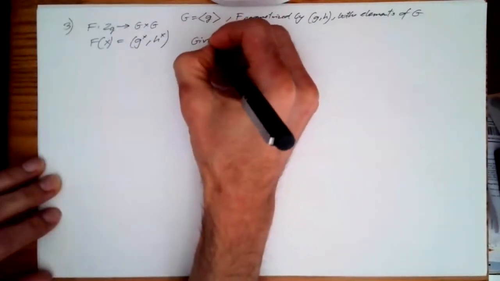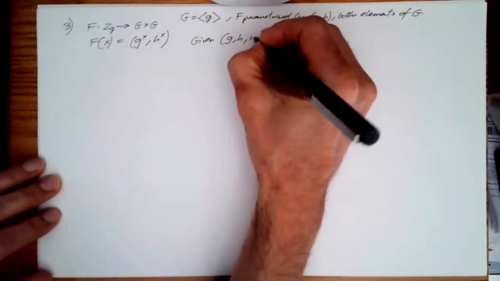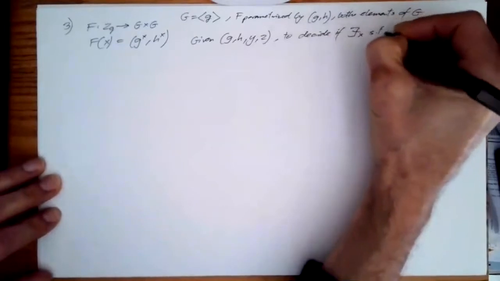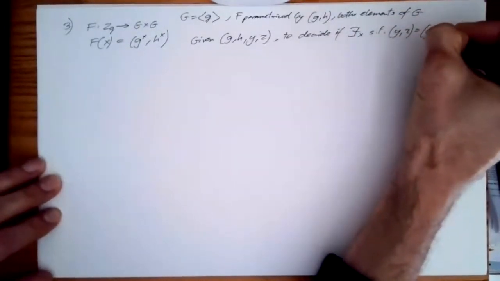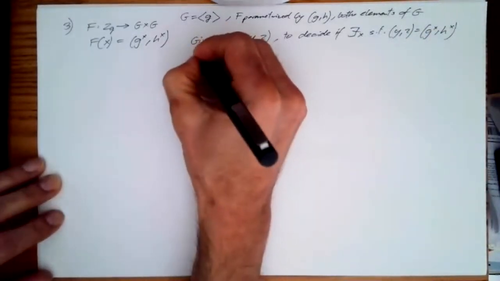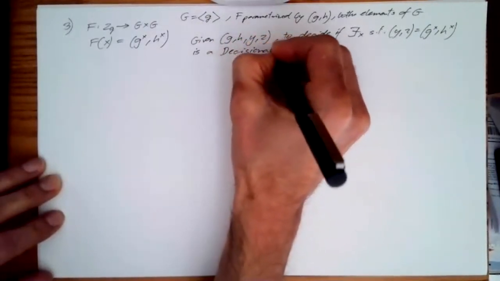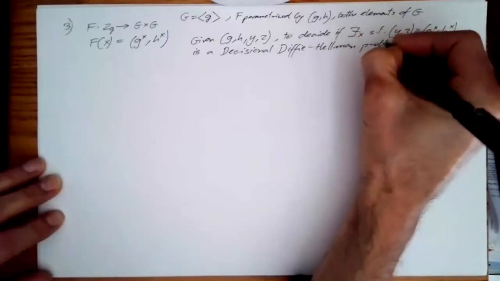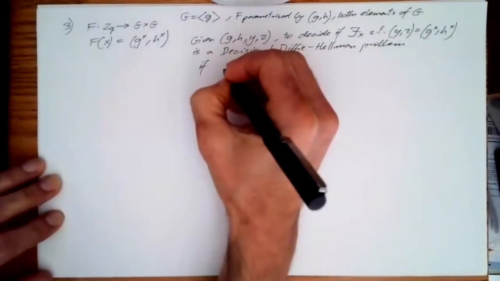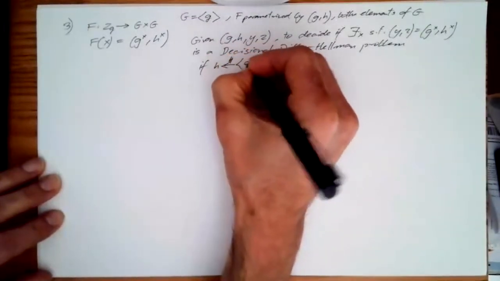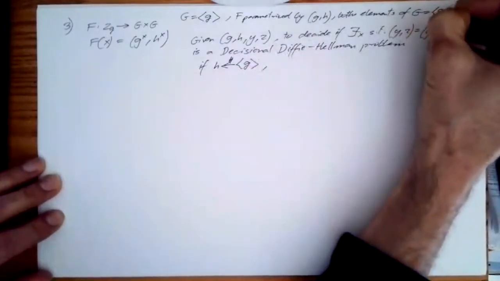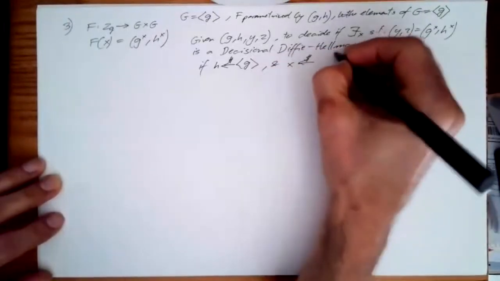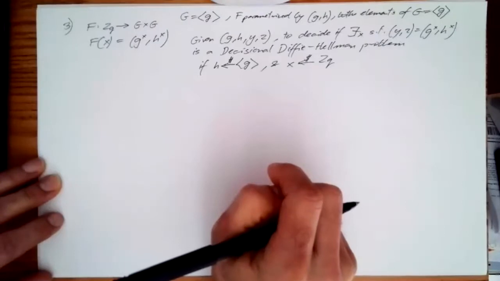Now, given G, H, Y, and Z, to decide if there exists an x such that (Y, Z) is (G to the x, H to the x) is a decisional Diffie-Hellman problem if H is random in the group and x is random in Z_q.